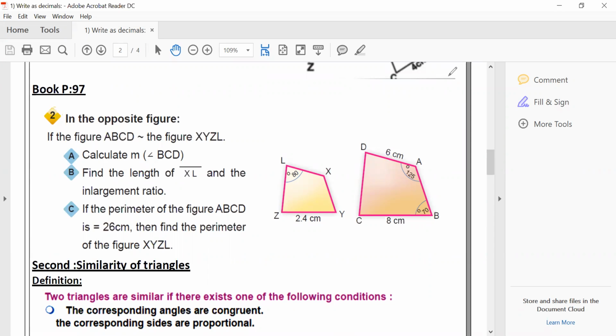So here ABCD is given similar to XYZL. Calculate the measure of angle BCD. Where is BCD? So here BCD is supposed to be congruent with YZL. Where is YZL?